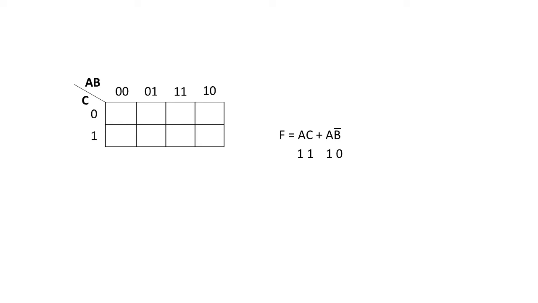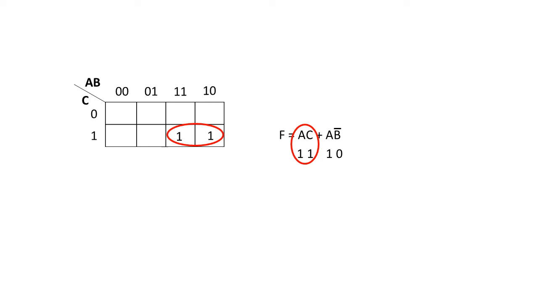Now just put 1 in this particular position. Find where the position of AC is 1 in this given K map, and put 1. Observe where A and C both are 1. See, find the position here.